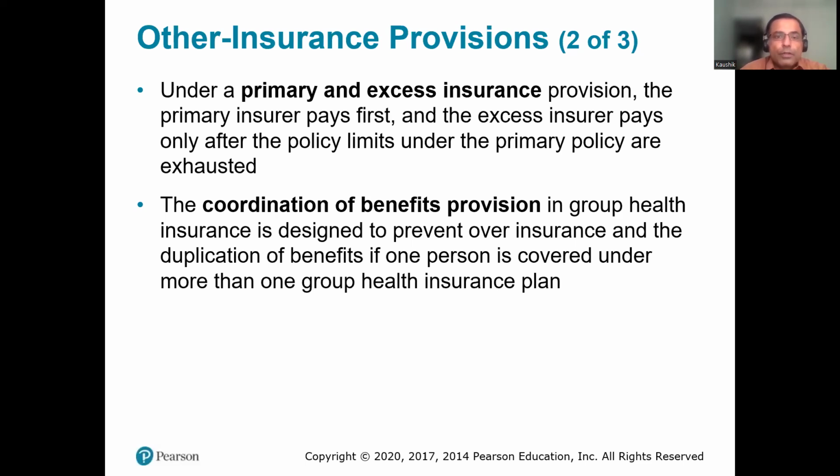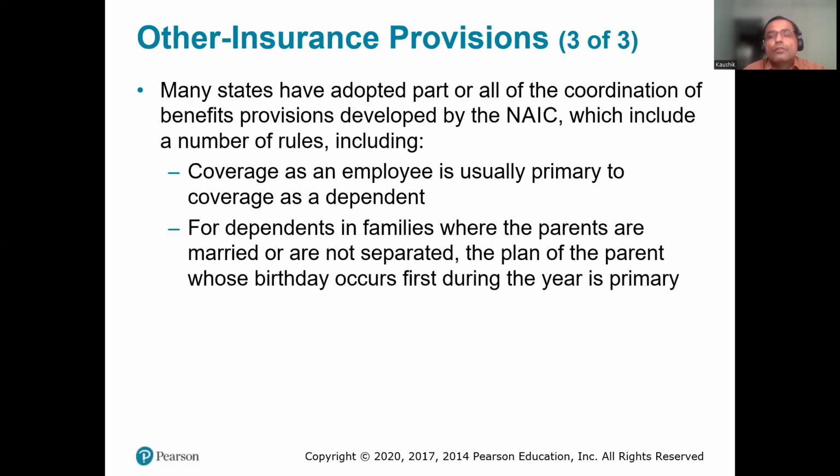The concept of coordination of benefits provision is relevant in the case of group health insurance because one person may be covered under multiple health insurance plans. Again, it tries to prevent excess insurance payout and duplication of benefits. In the case of group health insurance, most states have adopted provisions developed by the National Association of Insurance Commissioners.